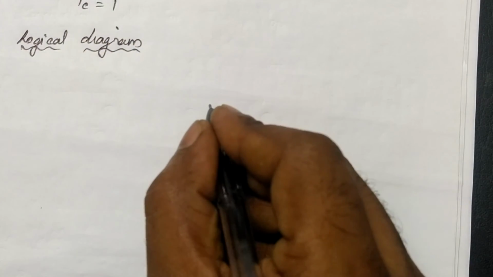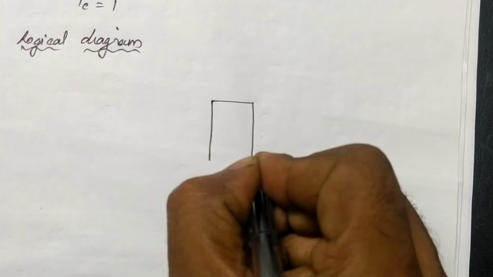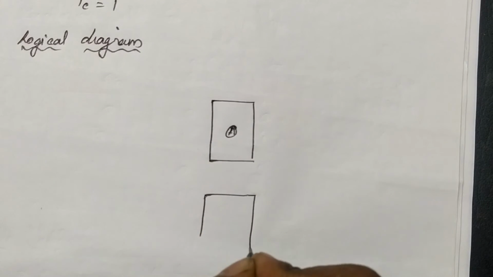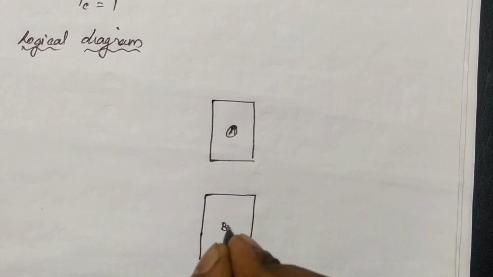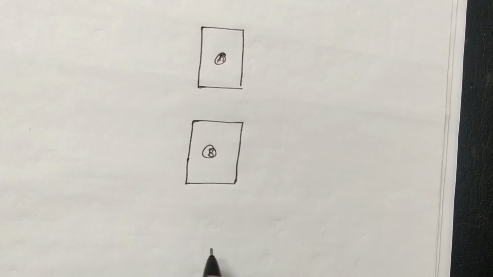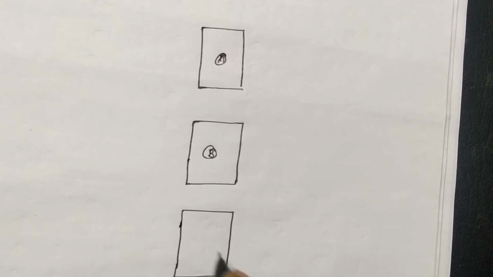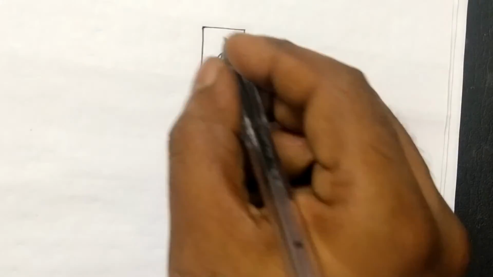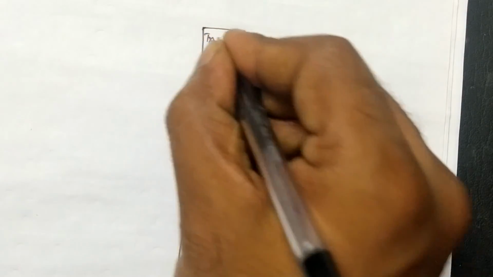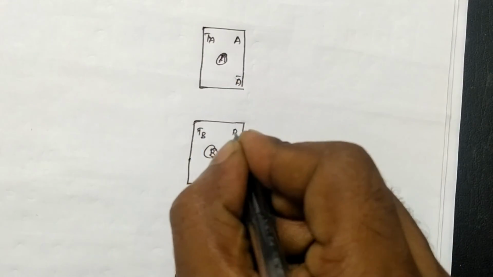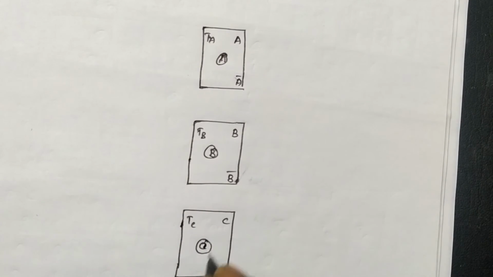So here we are having 3 flip-flops. So first one, it's A. Second one, it's B. And third one, we are considering it as C. So here the flip-flops are T flip-flops, therefore TA, TB, TC are the inputs and its outputs are A, A bar, here it's B, B bar, here it's C, C bar.